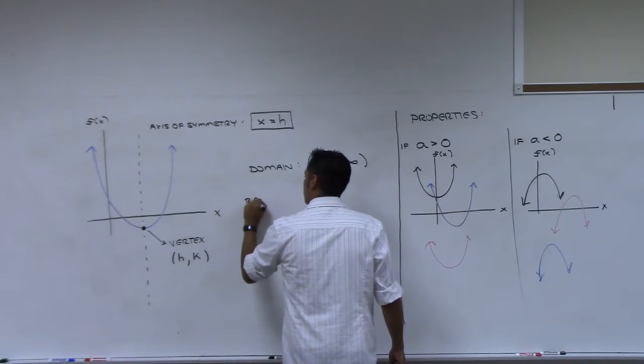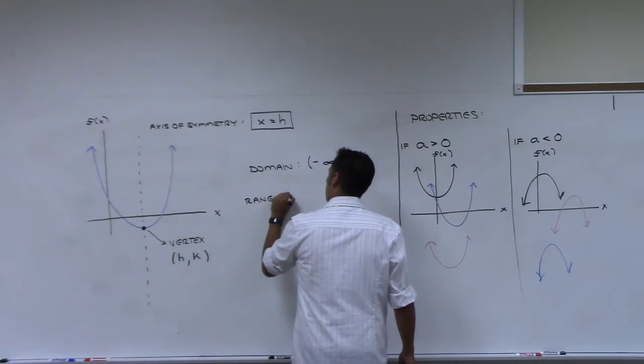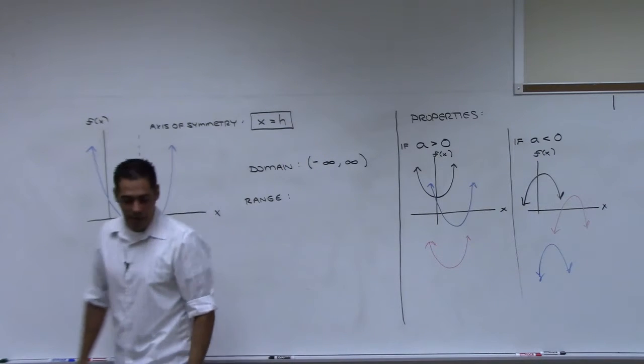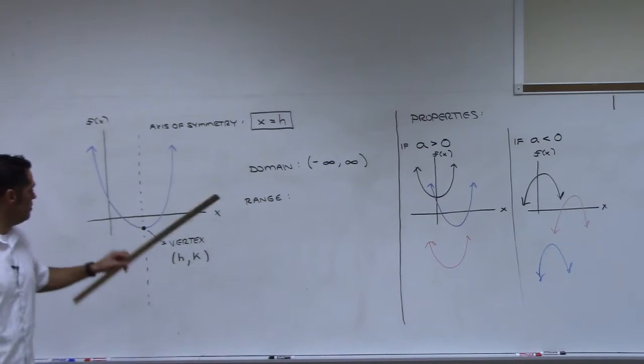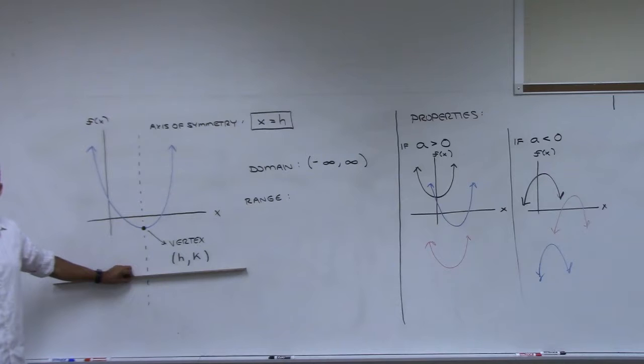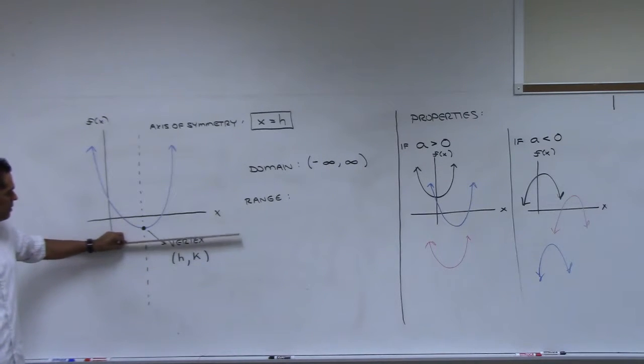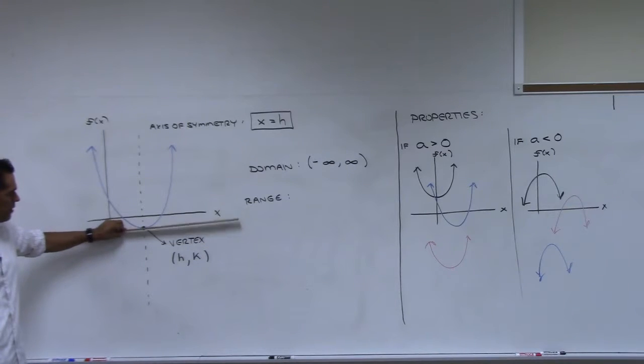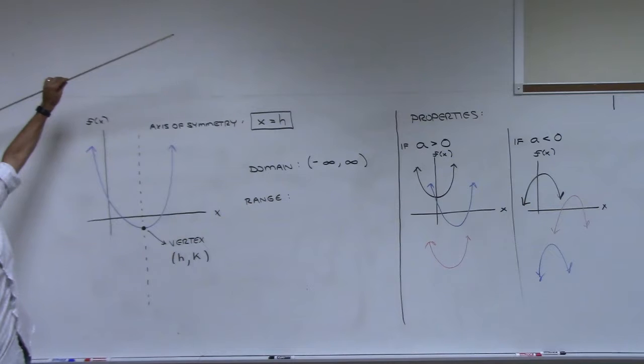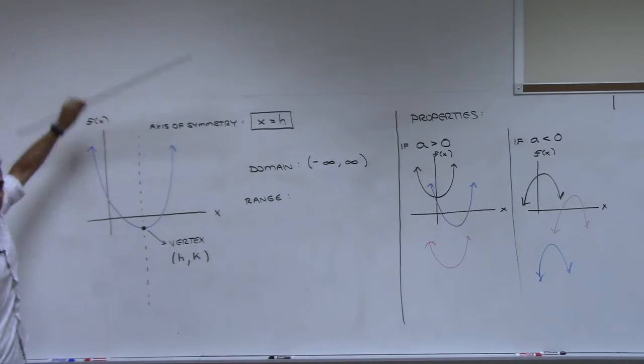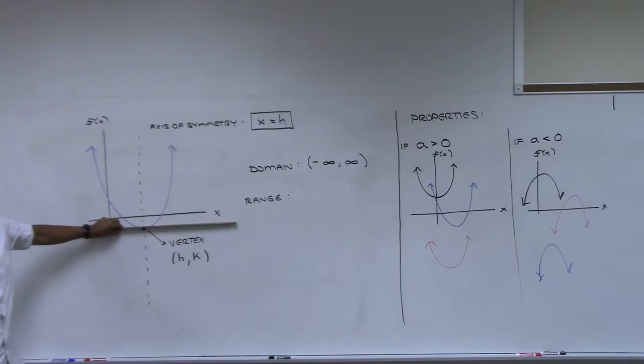What about the range of this one? That's what comes out of it, right? These are the y values. So can you tell me about the y values? Do I get outputs over here? No? When do I start getting outputs? Right there, when I get to the vertex, right? And then the rest of the way up to infinity, right? So where's this starting point?